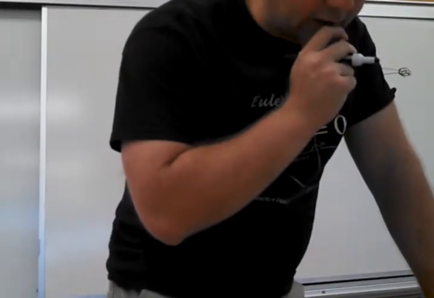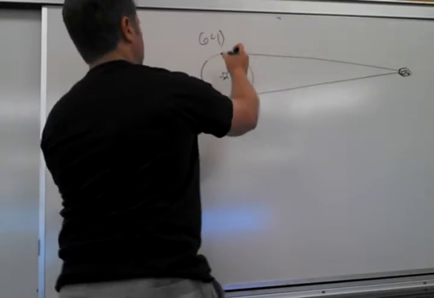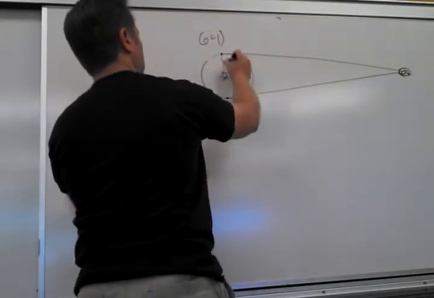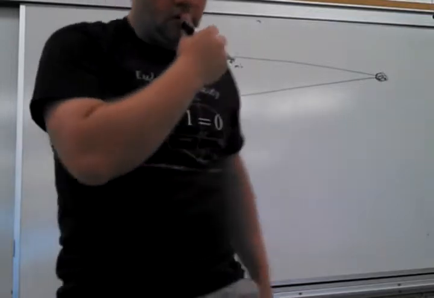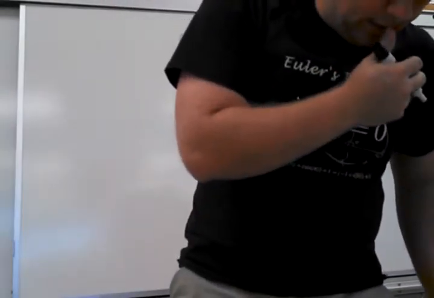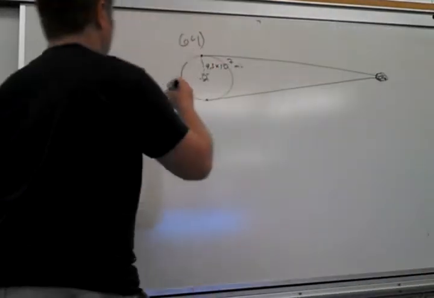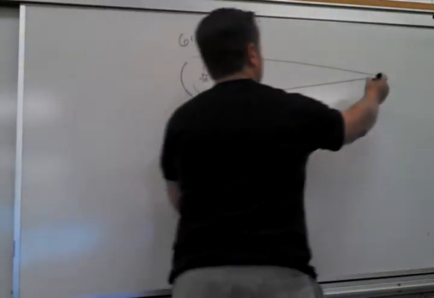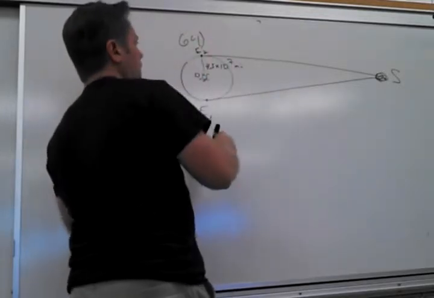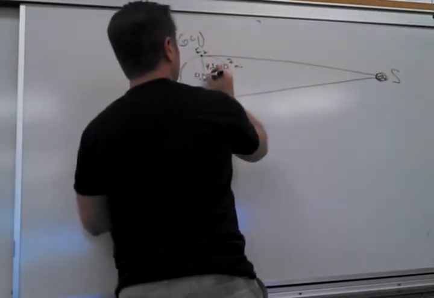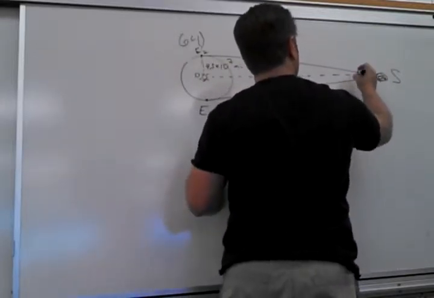Take the distance from the Earth to the Sun to be 9.3 times 10 to the 7th miles. So, of course, that's here. The angle E1SO, that angle here, is the parallax.